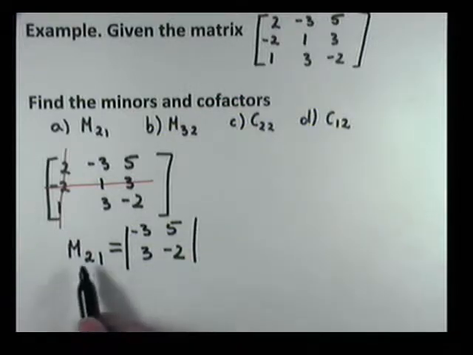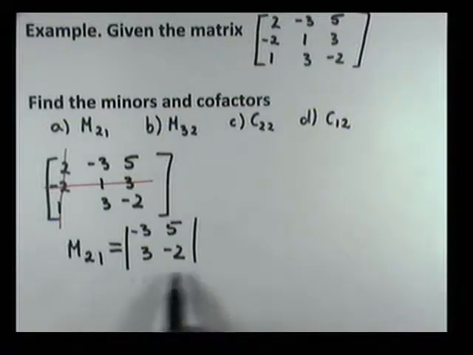That's the definition of the minor: the matrix obtained by deleting the ith row and jth column.